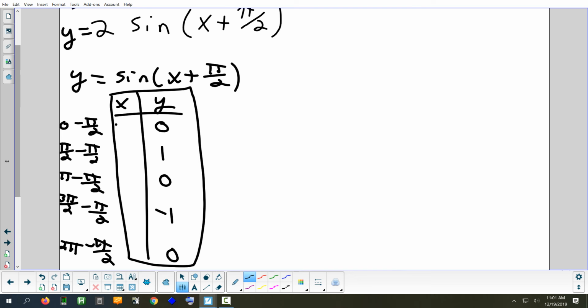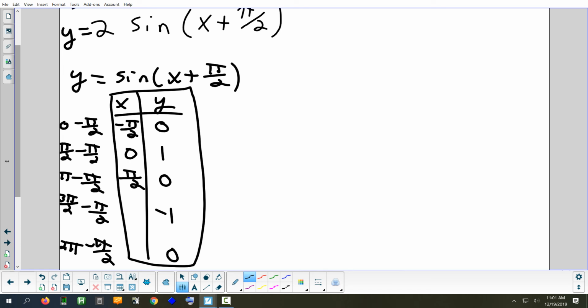So 0 minus pi over 2 is negative pi over 2. Eric, what's pi over 2 minus pi over 2? 0. Jacob, pi minus pi over 2? Pi over 2. Yep. So again, if you need to find common denominators, that's fine. If you notice the pattern, that's fine.